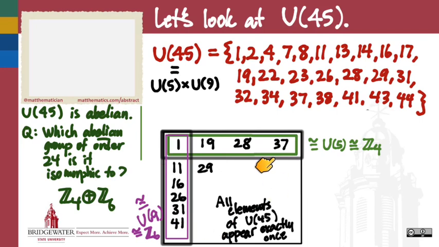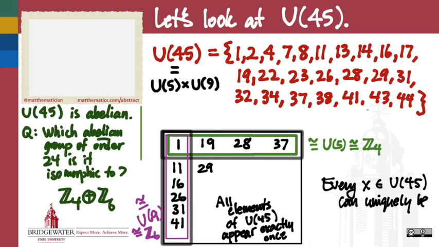We could characterize everything in this group, U45, as some power of a generator up here multiplied by some power of one of these generators. So that also gives us this nice number theoretic bounty, right? Every x in U45 can uniquely be written in that form as x equals, so I'm not checking here that 19 is a generator, but let's say that 19 is one of my generators.